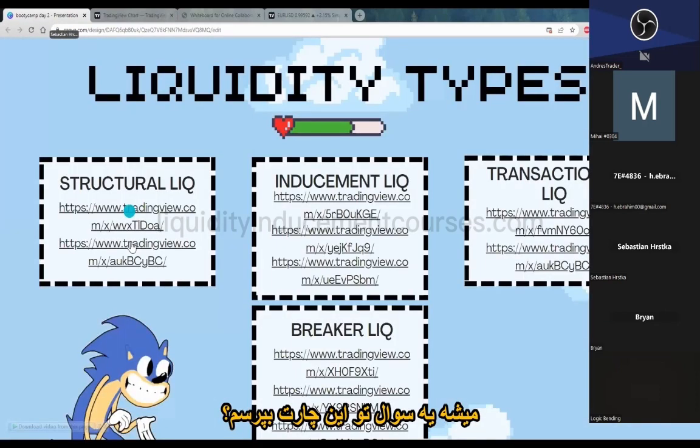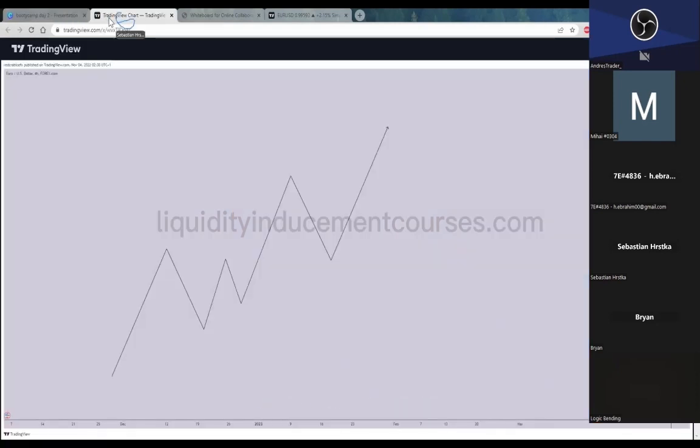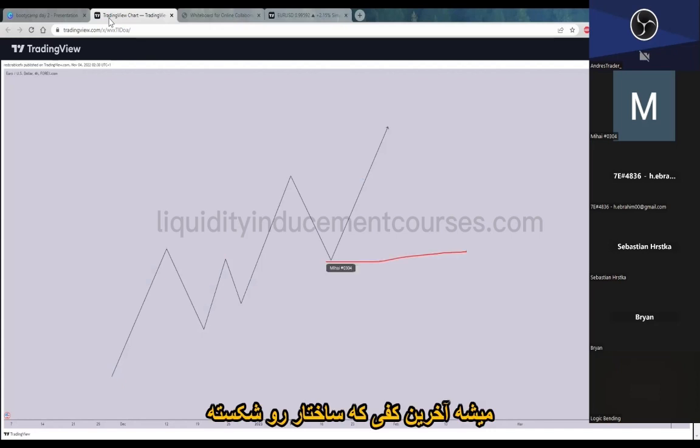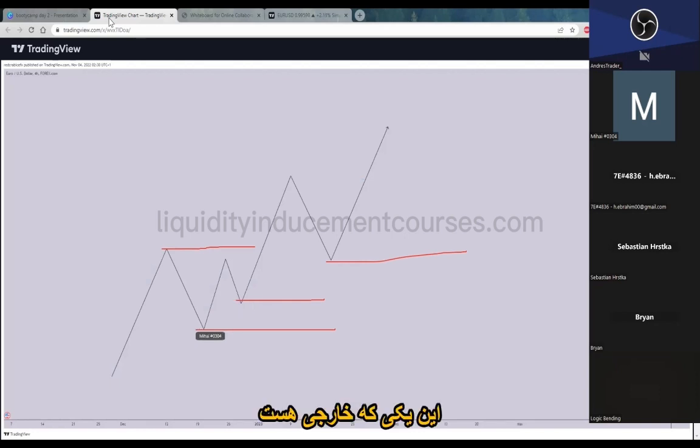Can I ask you a question on this chart? Yeah. Can I go back to the chart? You said that inducement liquidity is here. Let me annotate. It's when we take the last low that broke structure. In this case, would this be the last low, the inducement liquidity, or this one? This one, the external. Okay, so we don't count this.